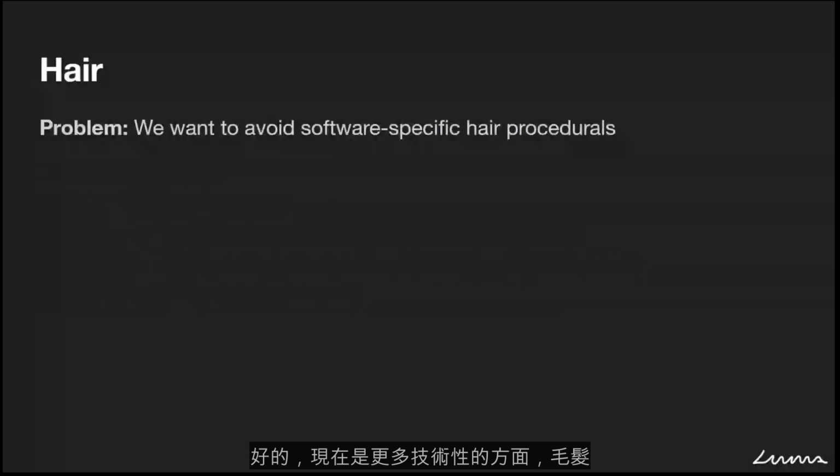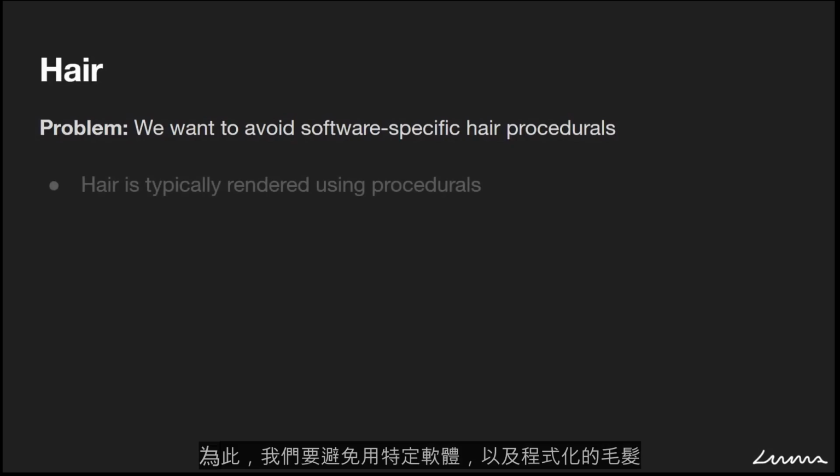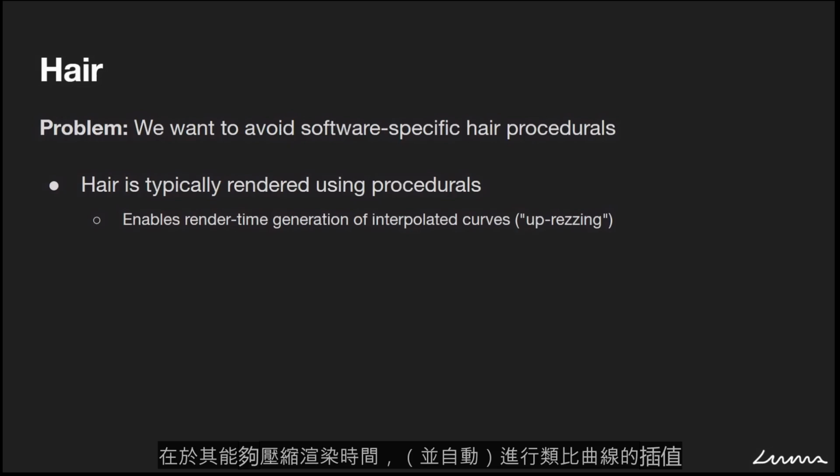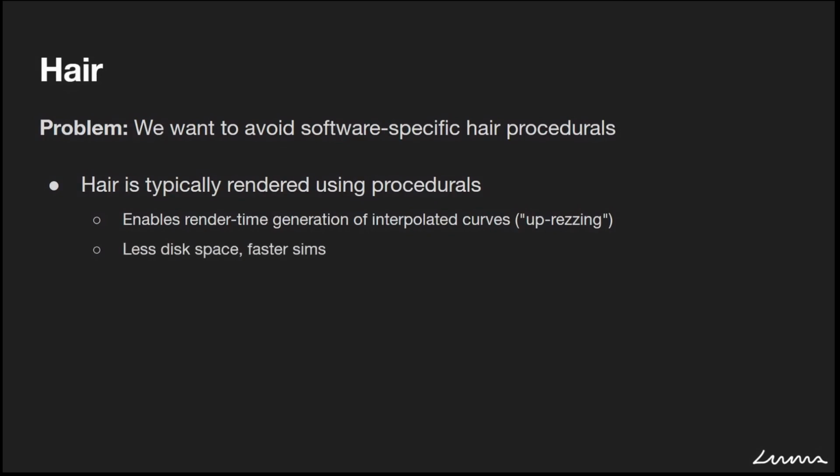Okay, so a little more technical, hair. Generally, in terms of moving into a USD-centric workflow, we want to avoid software-specific tools. So we want to avoid, in particular, software-specific hair procedurals. Usually, the reason you render hair using procedurals is because it lets you do things like render time upresing, interpolating your simulated curve so you get more density from the hair.